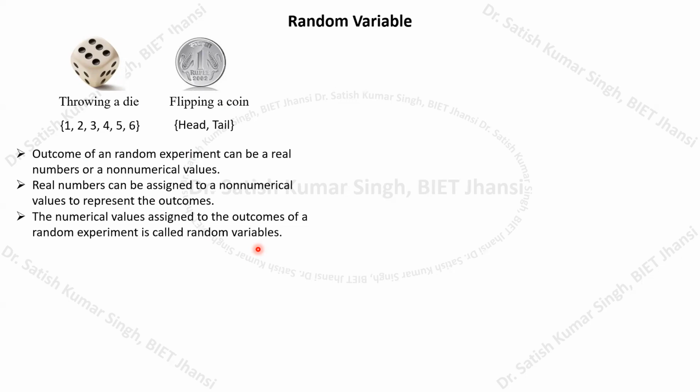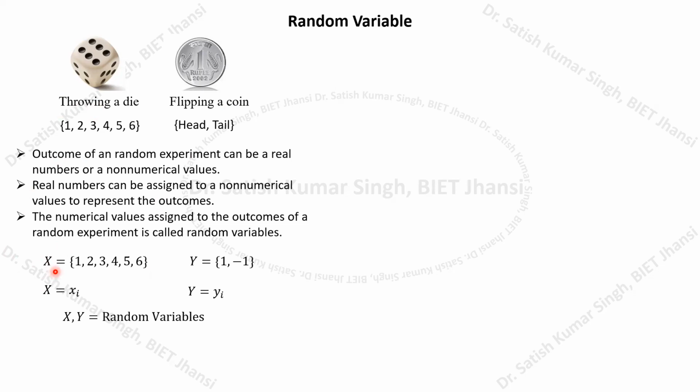When we conduct an experiment, there will be certain outcomes. If these outcomes are assigned certain numerical values, then those numerical values are known as the random variables. In the first experiment, throwing a die, I will assign the outcome of this experiment as x, and I will call this x a random variable, and this random variable can take different values.